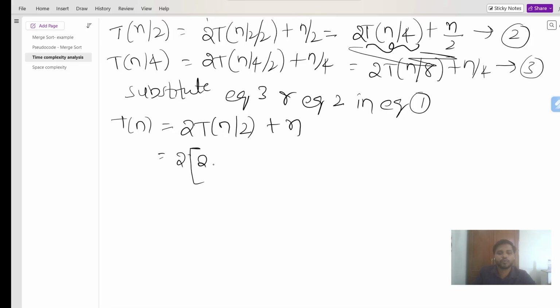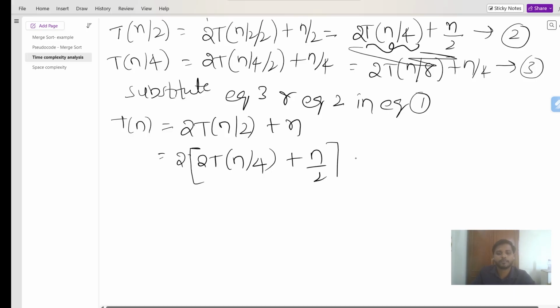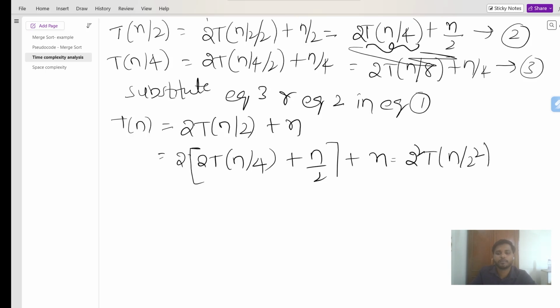So 2 into T of n by 4 plus n by 2, and the remaining n, I am going to place it here. This will be equivalent to 2 square T of n by 2 square plus n plus n, it will be 2n. Now similarly, I'm going to substitute this 2 square T of n by 4 plus 2n.